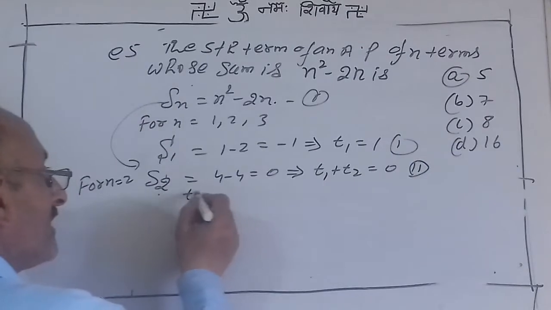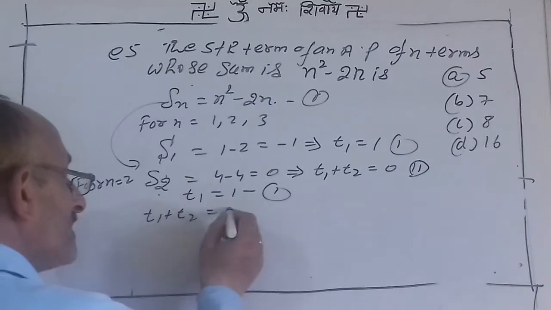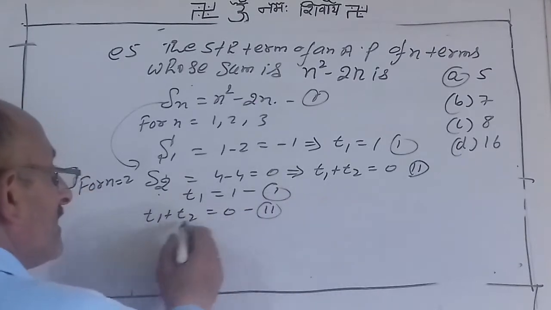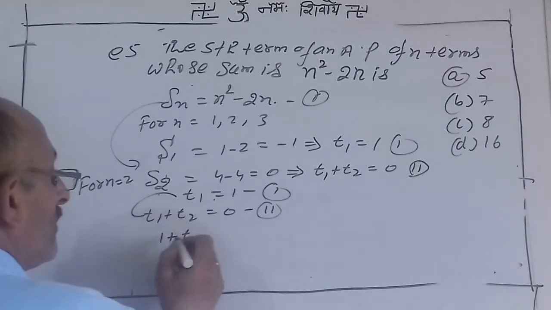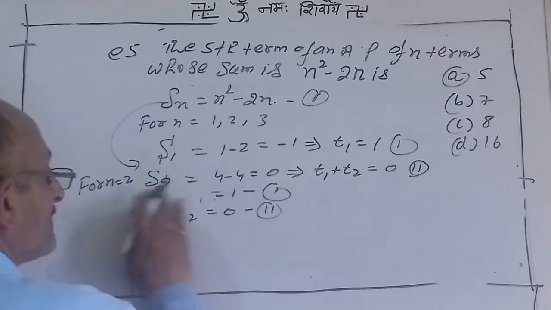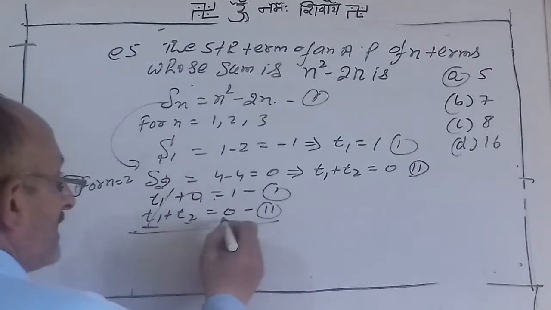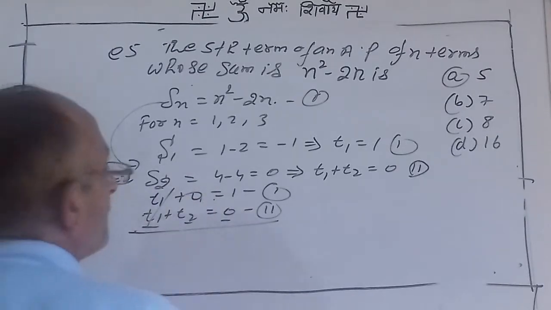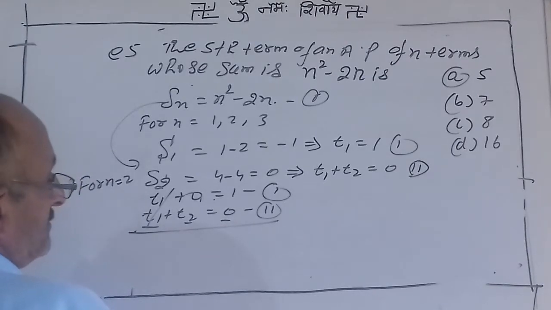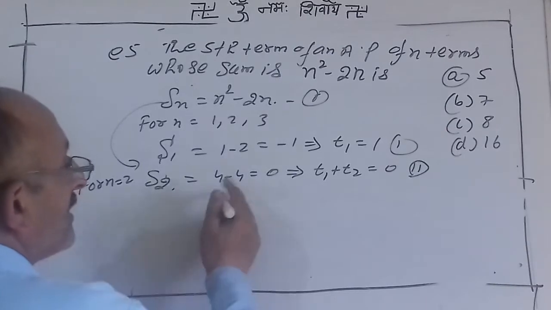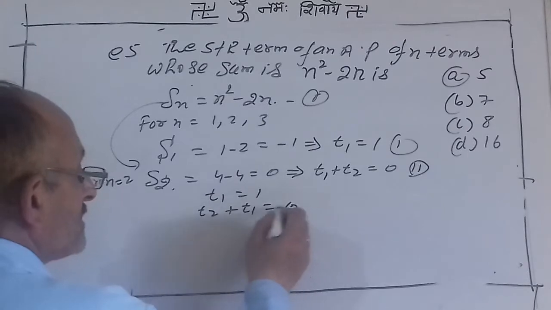Second equation: T1 is equal to the first equation, and T1 plus T2 is equal to 0 is your second equation. Put the value of T1 here and subtract, and you get the value of T1. This means T1 is 1 and T2 plus T1 is equal to 0.